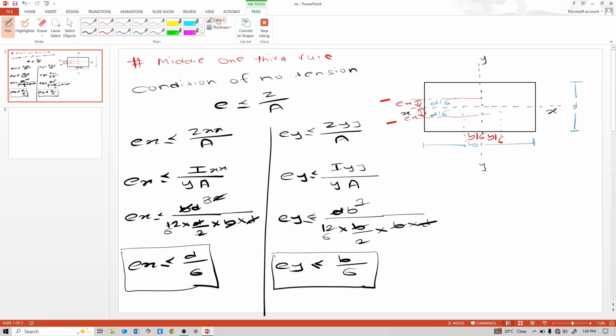Then this b by 6 is nothing but ey. So ex total is d by 6 plus d by 6, that means ex is equal to d by 3, and ey total is equal to b by 3. I am talking about the total ex and total ey.